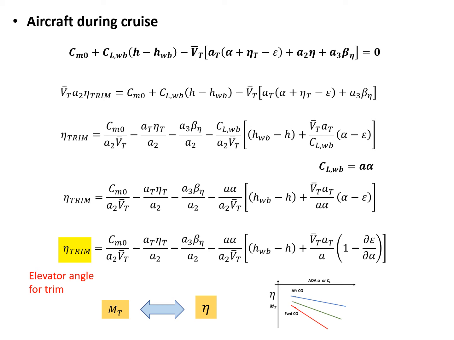Since Mt is not measurable in a flight test, but we can measure the elevator trim angle, we can determine through flight tests by measuring the eta angle, and then we can get the neutral point of the aircraft. So that's why eta trim is so important. So the answer is it's related with the restoring moment Mt.